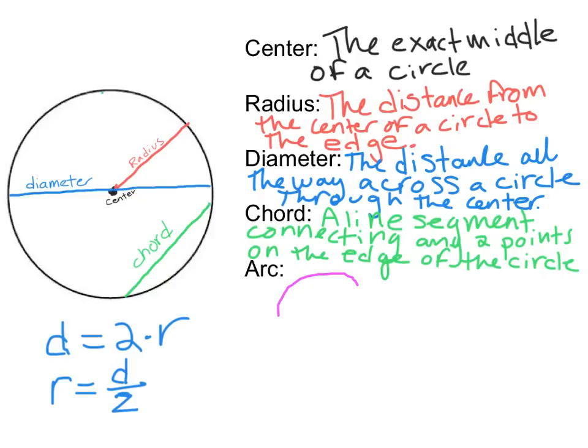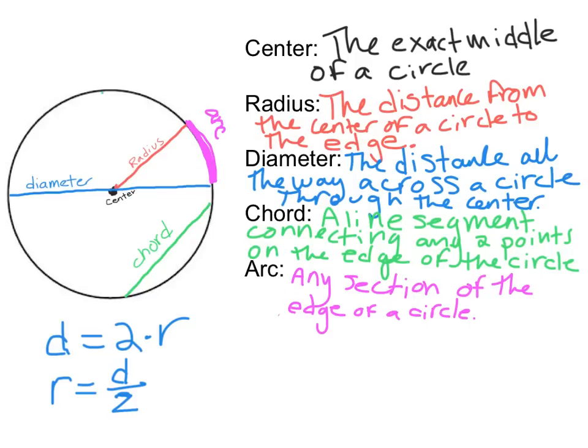So, for example, this right here would be an arc. Any section of that outer edge would create an arc. So an arc is any section of the edge of a circle. Once you've got all those terms written down, go ahead and move on. Pause now if you need to.